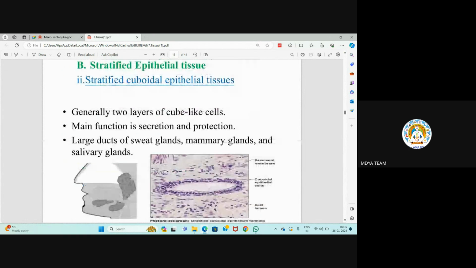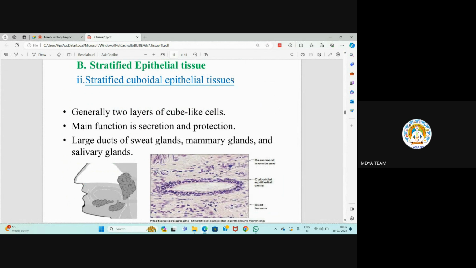Now we are moving to the second part of stratified epithelium, that is cuboidal. So cells are cube-shaped here. Main function is secretion and protection. Large ducts of sweat glands, mammary glands, and salivary glands.